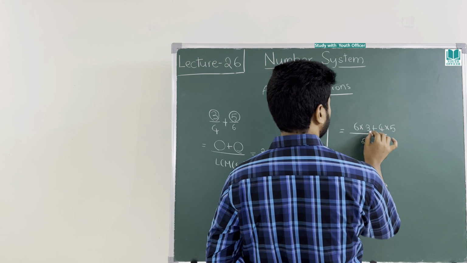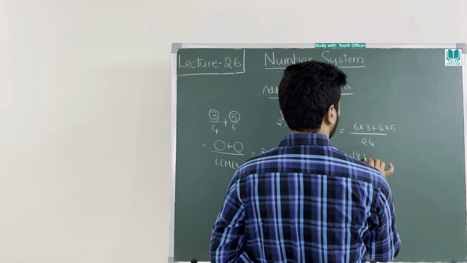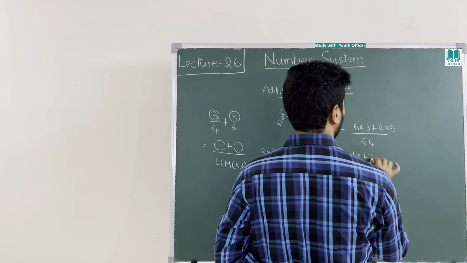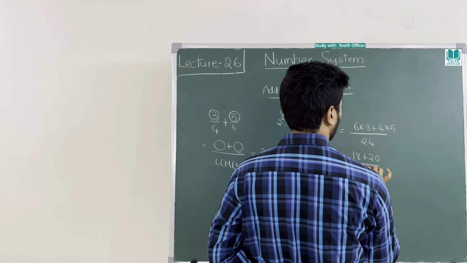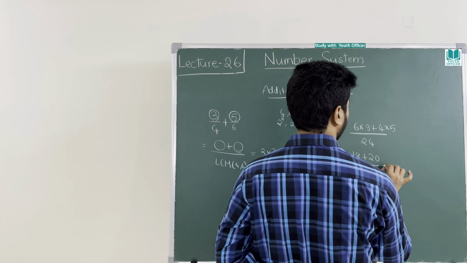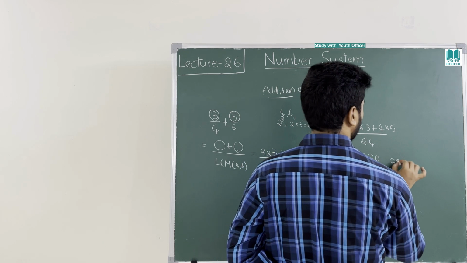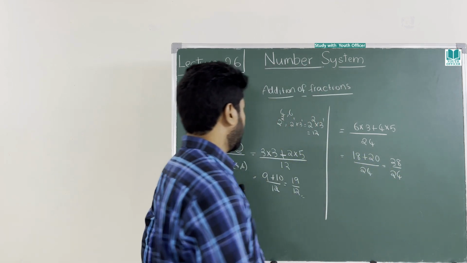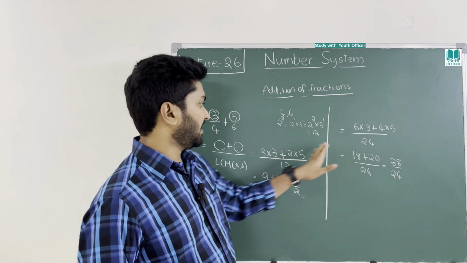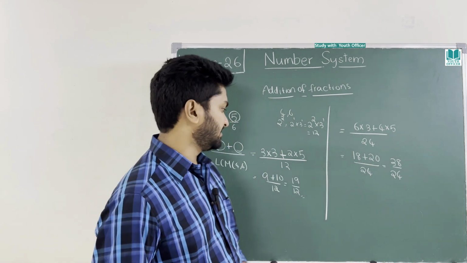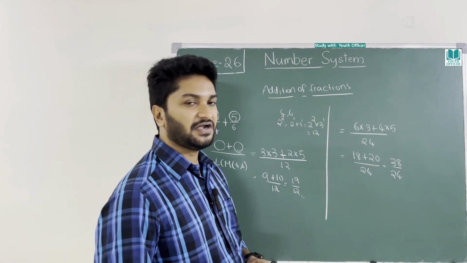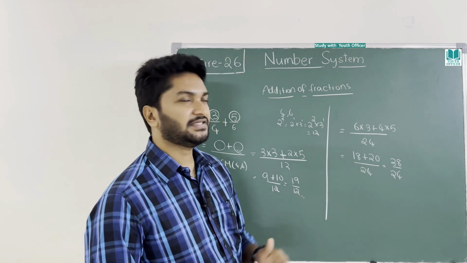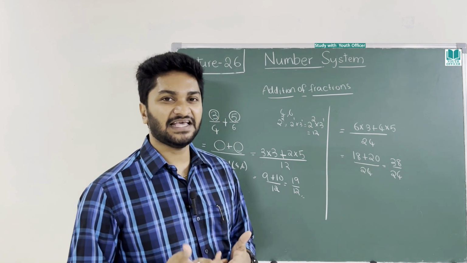Then 6 3s are 18 plus 4 5s are 20, by 24. This is 38 by 24. If you take multiplication, you get one kind of answer. If you take LCM, you get a different answer. But these two answers are the same, in a disguised form.